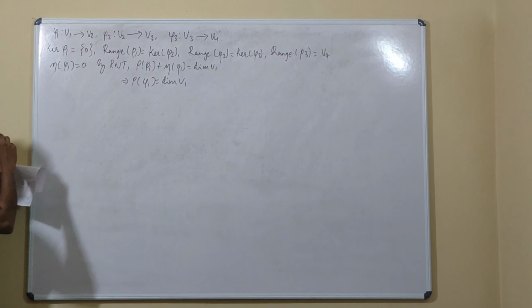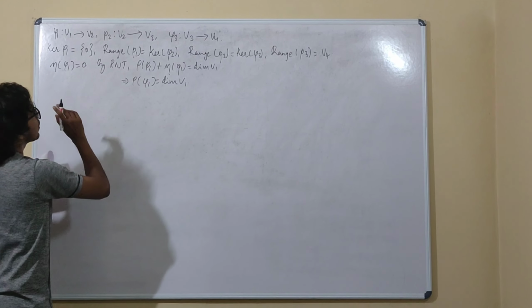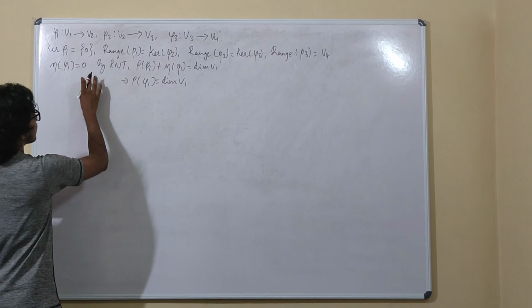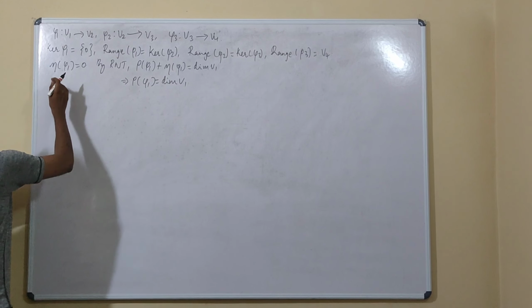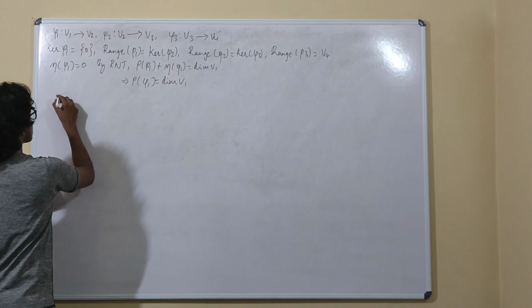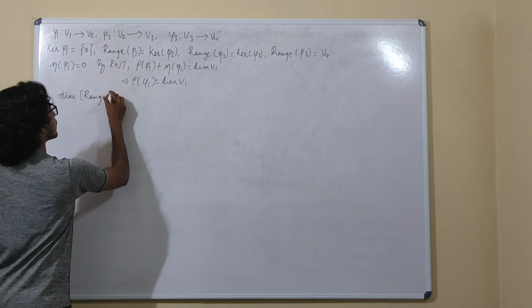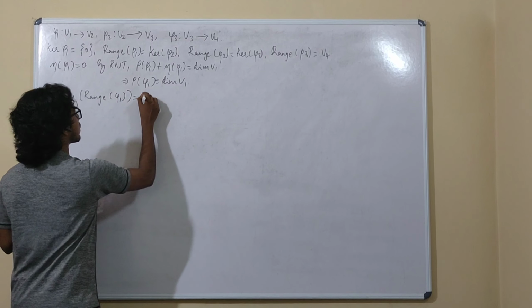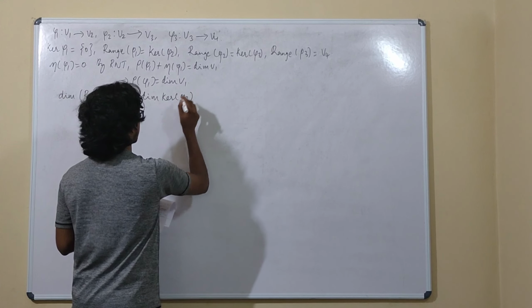Next, the range of phi1 is the kernel of phi2. So what can we write? The dimension of the range of phi1 is the dimension of the kernel of phi2.